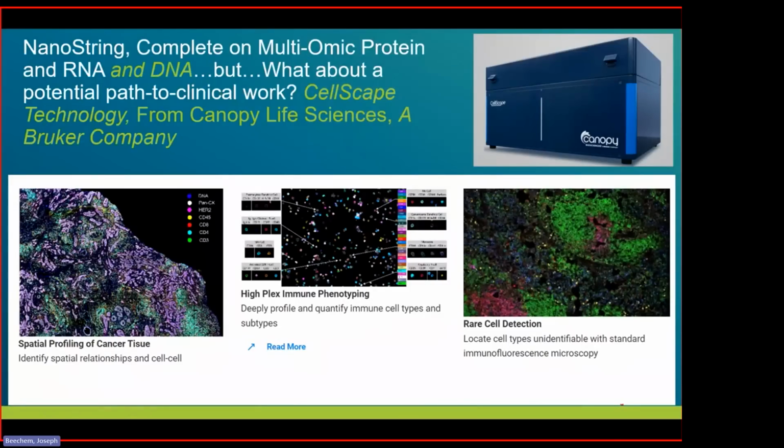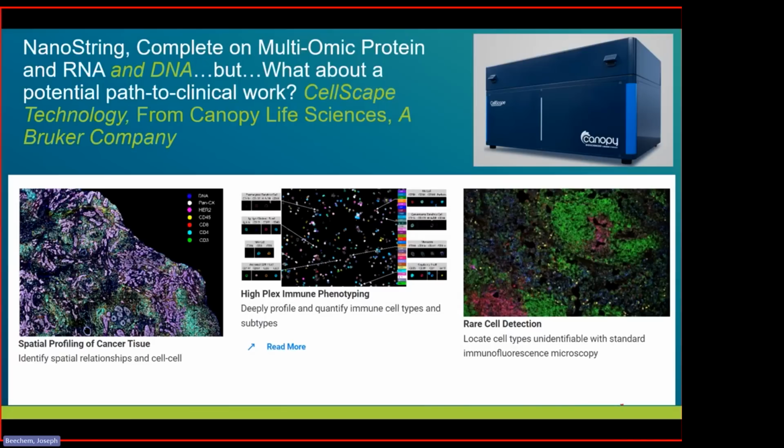And then this is another part of Bruker spatial biology I'm also super excited about: there's an instrument called CellScape. It's a lower plex protein-based instrument, but it really is built from the ground up to have the clinical translation in mind.